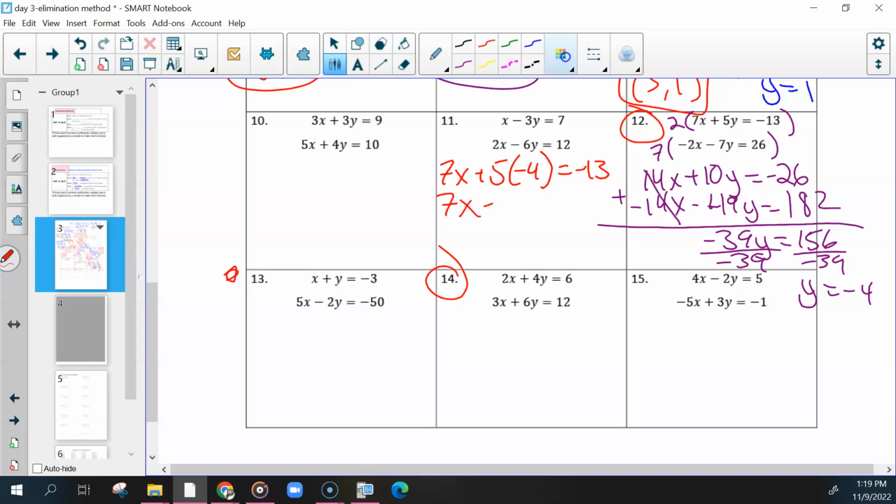So 7x minus 20 equals -13. Add 20 to both sides. And divide. So then our final answer would be 1, -4.